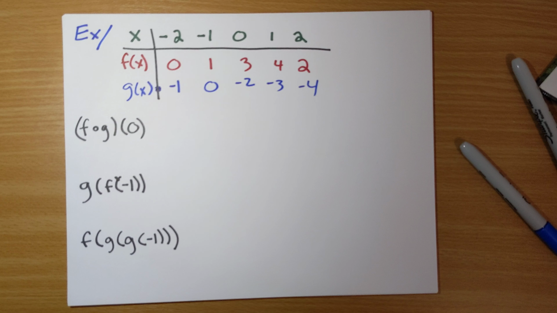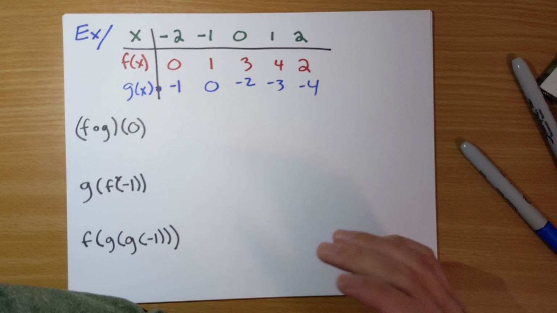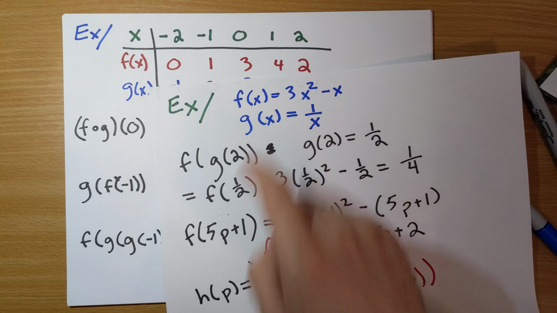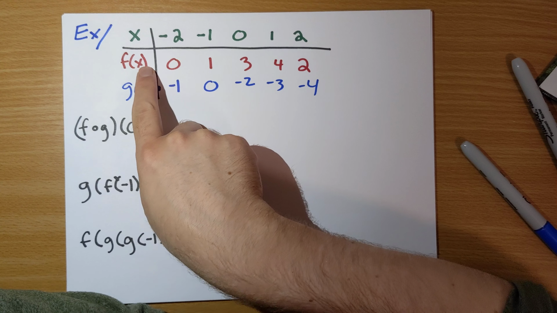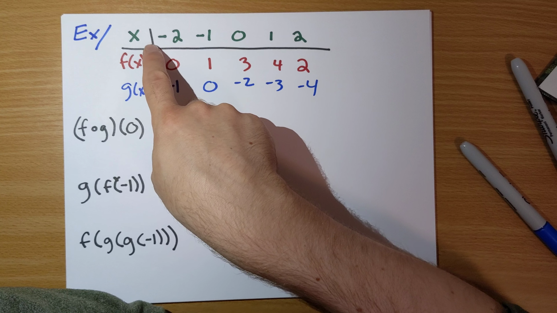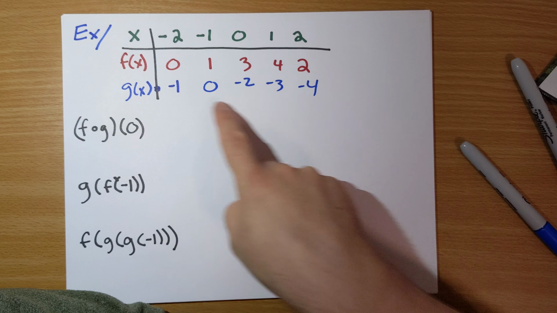And the first example here, I'm going to give you a table. So f of x and g of x, they're unknown functions. I'm not telling you exactly a formula for them in the same way that I told you f of x is 3x squared minus x here. But what I have done is that I'm telling you what is f of x, evaluated at x equal to -2, -1, 0, 1, and 2.